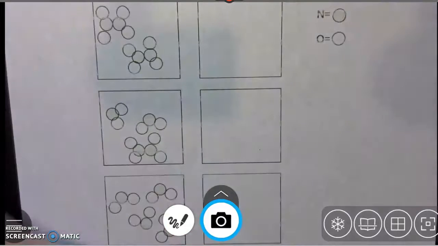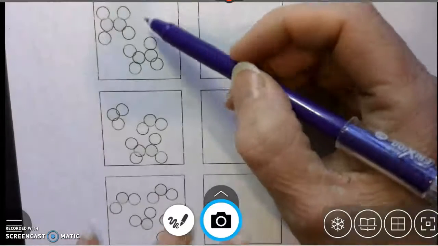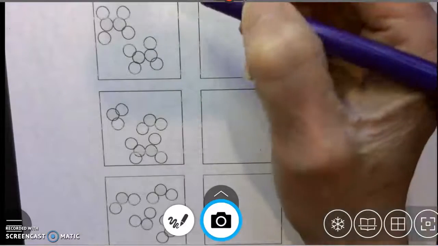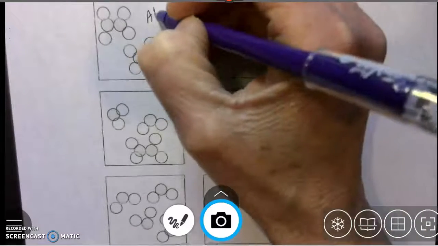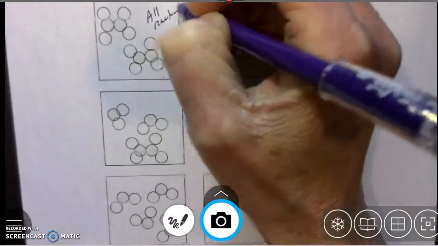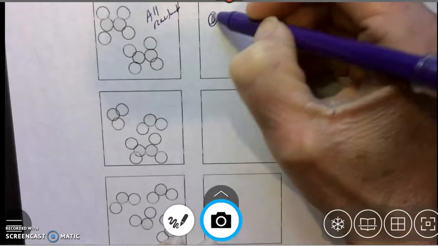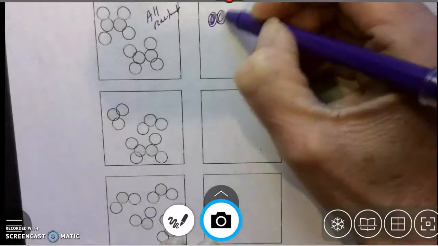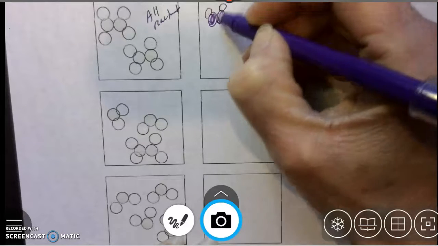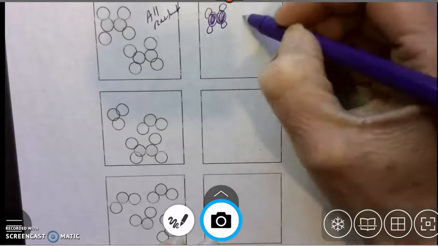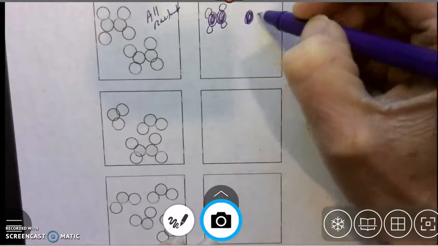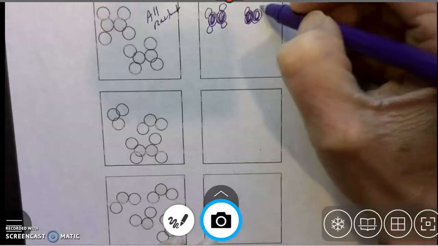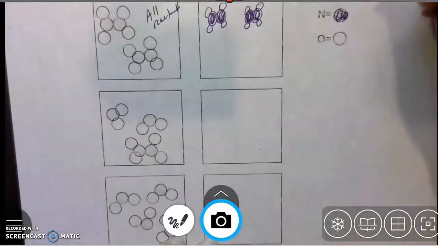Obviously I don't have all of them here, but if this is our initial, where this would be all reactant, I'm eventually going to get a mix. So these are going to be my dark ones and my white ones. Now the question is, how do I know how much to draw?